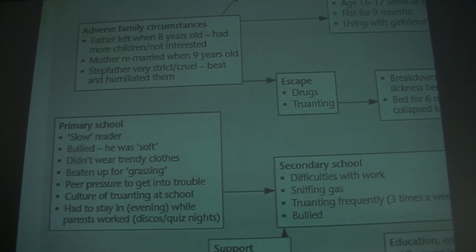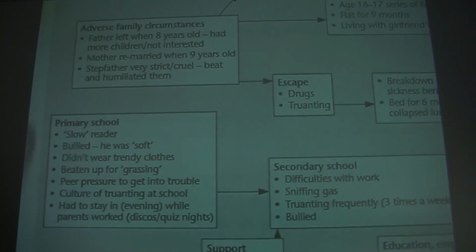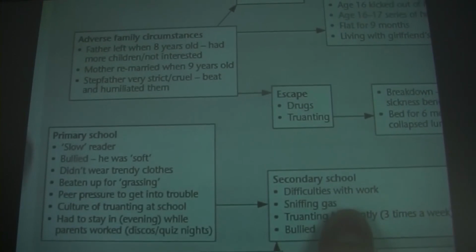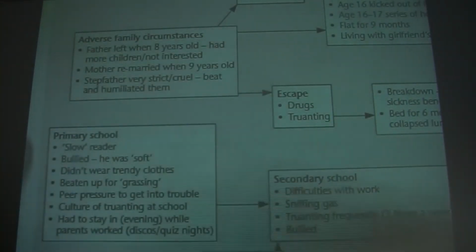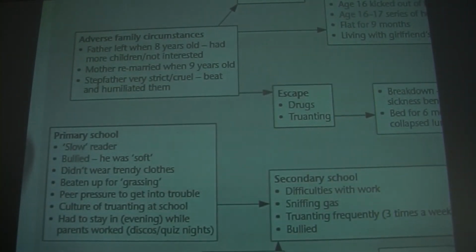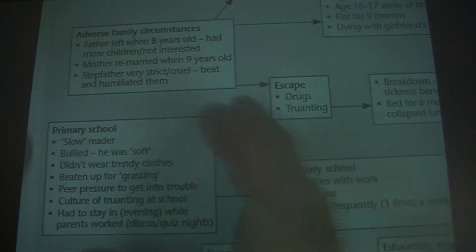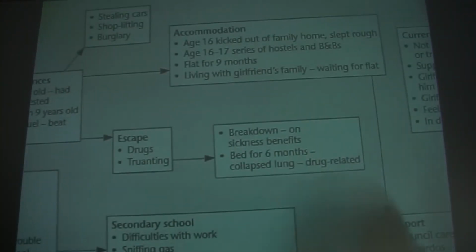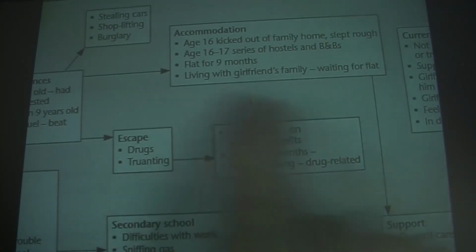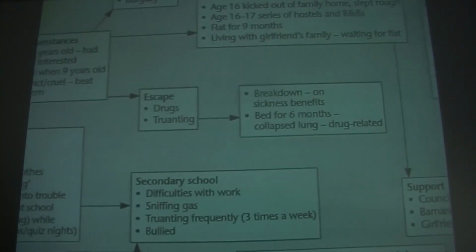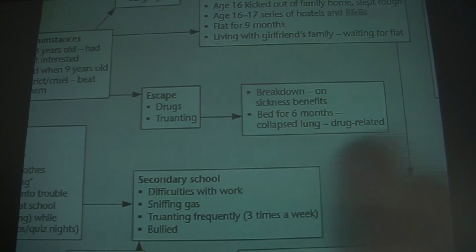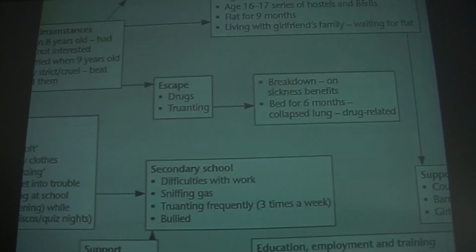Is that a question at the back? No? Can you see here, just to point out, you've got things like adverse family circumstances, which is the social care element, social policy. Primary school, you could talk about education. Then accommodation, so issues around housing. Benefits, and politics could be an overarching thing for all of this.